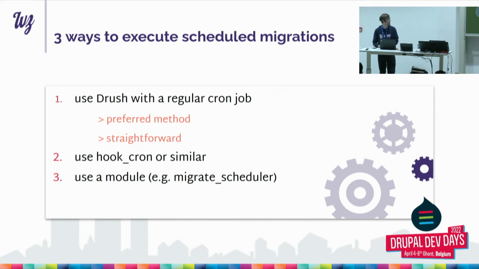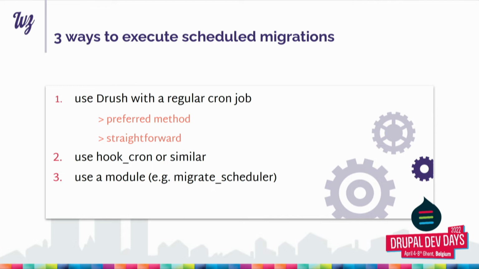So at WebStance, we use regular cron jobs to run our scheduled migrations. We think it's the preferred method for everyone. We'll see if everyone agrees after this. It's pretty straightforward. We simply commit a script with our project and then run it on cron.